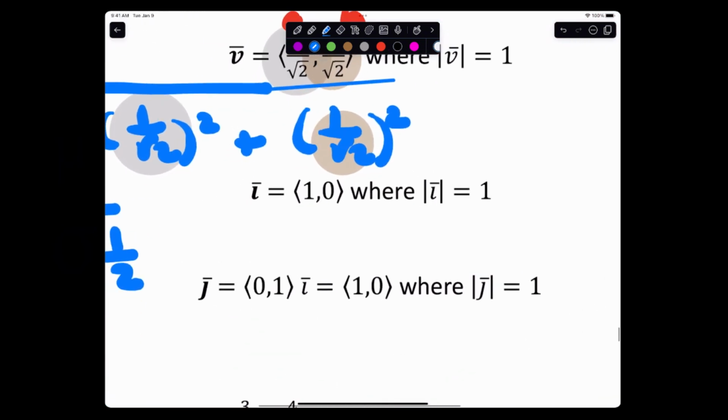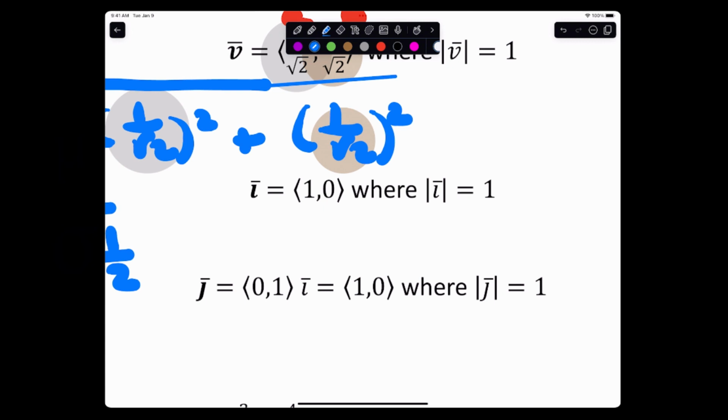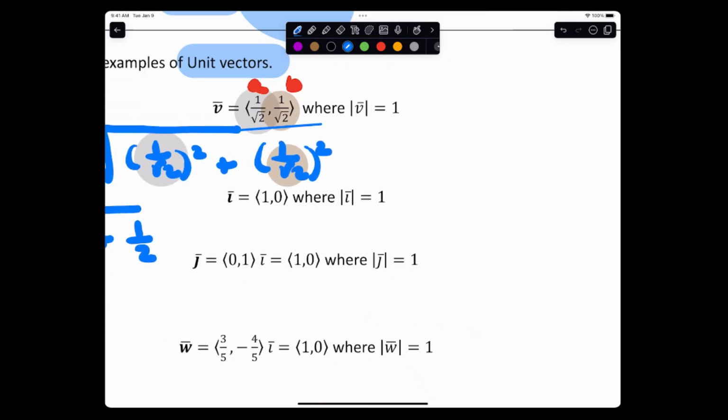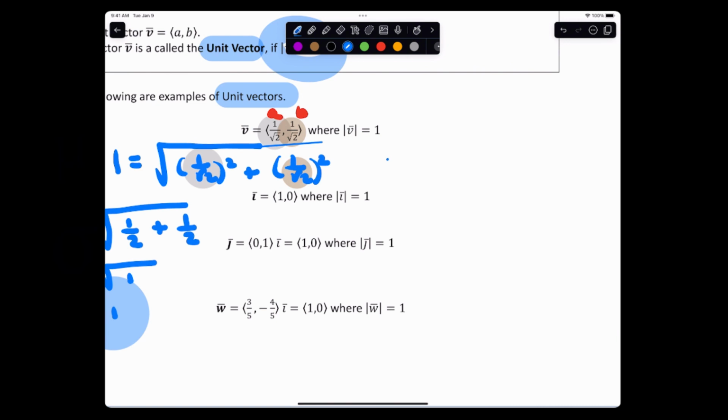And then you have this vector, and I know it didn't come out in the typeset. That's a letter I, by the way. This vector has a length of 1 as well. So you say, how do I know? Well, we called this vector I: 1 squared plus 0 squared.